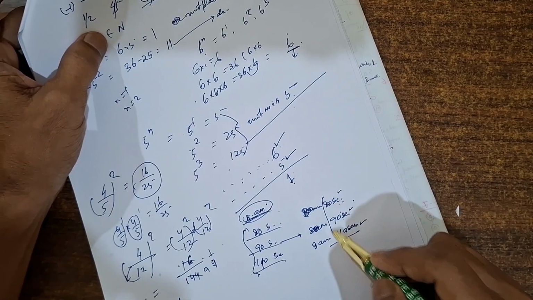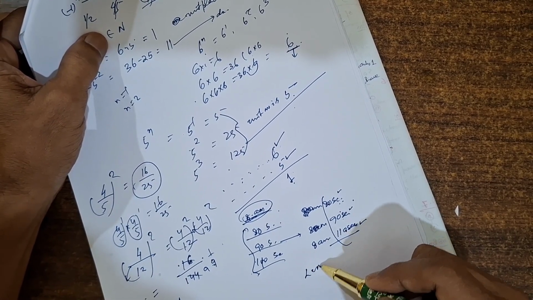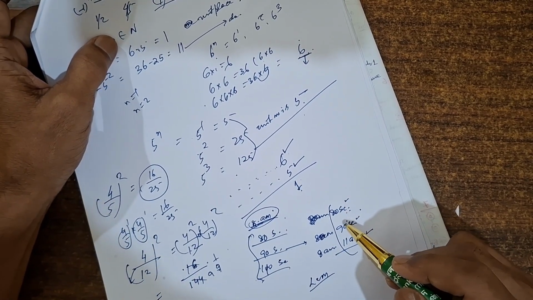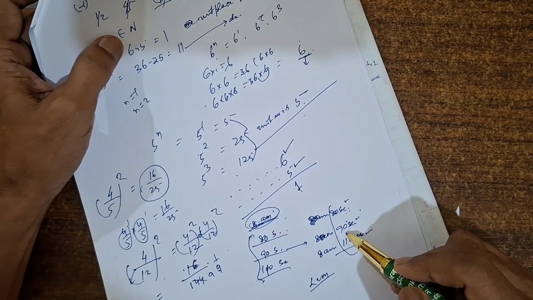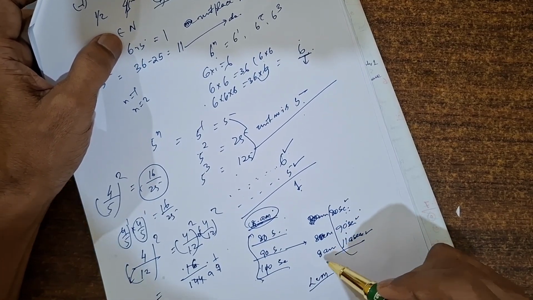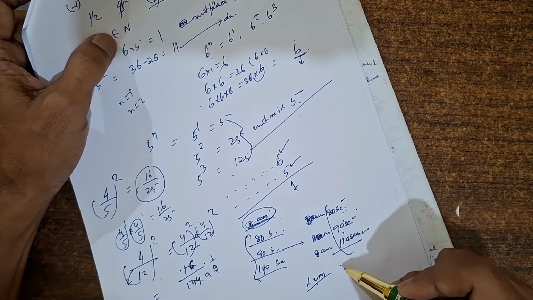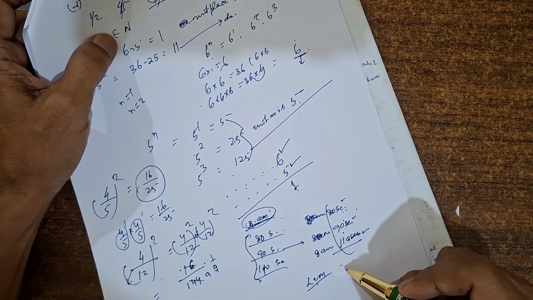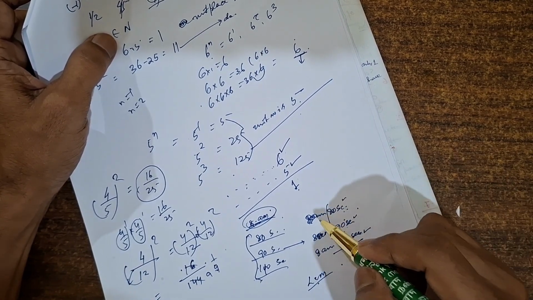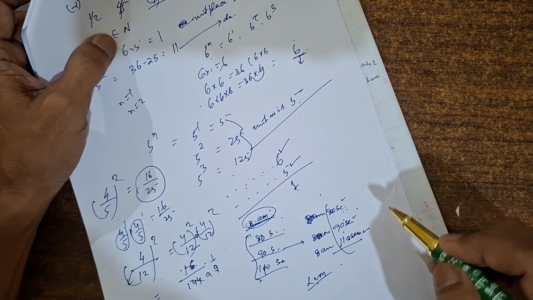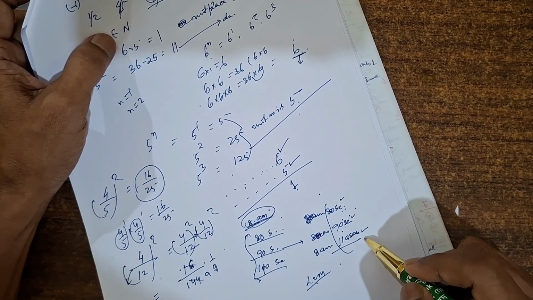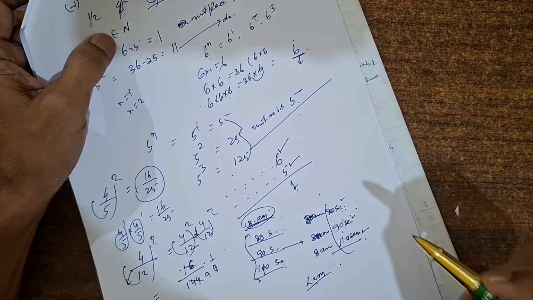So the LCM is required. The HCF will give no result. Only the LCM will give the result, the time after which there will be a simultaneous flash. By that time it may flash 10 times, 9 times or 11 times.